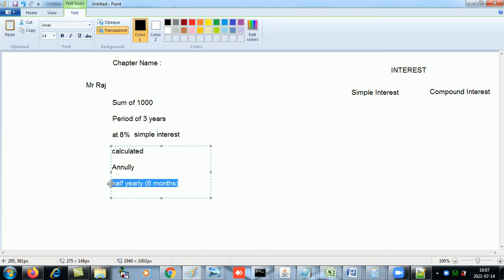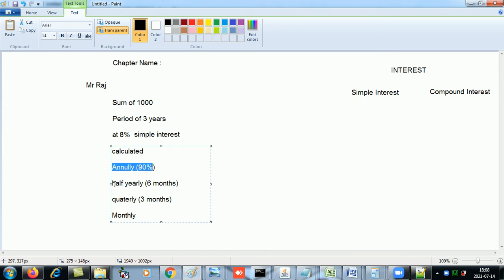There are 4 quarters in a year, so quarterly is after every 3 months. It can also be calculated monthly depending on the bank. But 90% of the time it is calculated annually. So annually will be our benchmark.